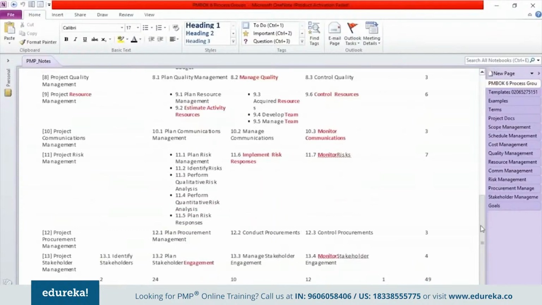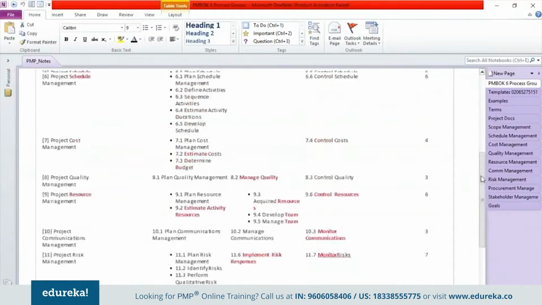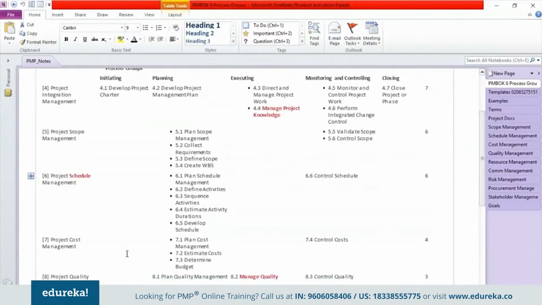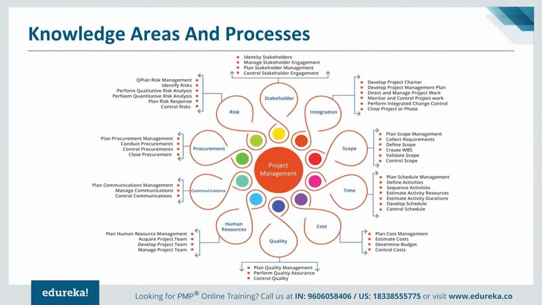This is where all of the process groups and the processes come into the picture. There are a total of 49 processes and 10 knowledge areas, and these are the process groups. You'll find that the various processes cut across multiple knowledge areas from each of these process groups.